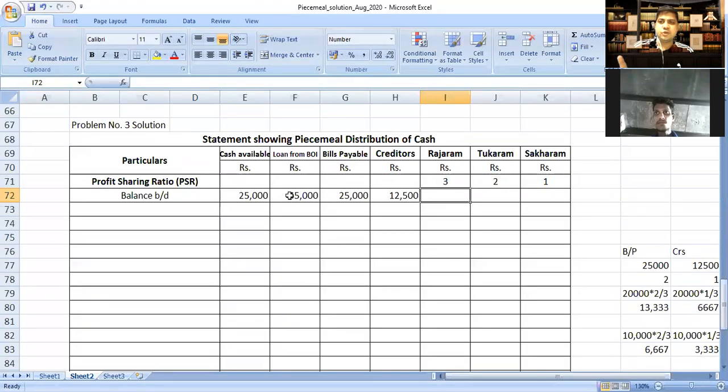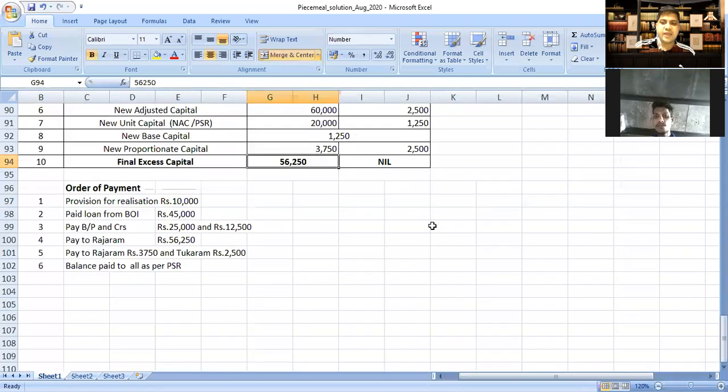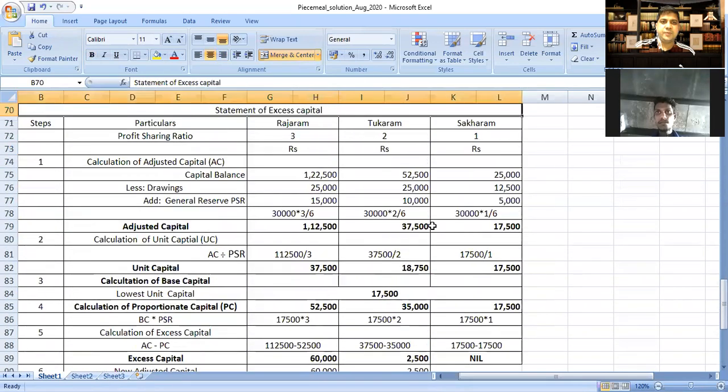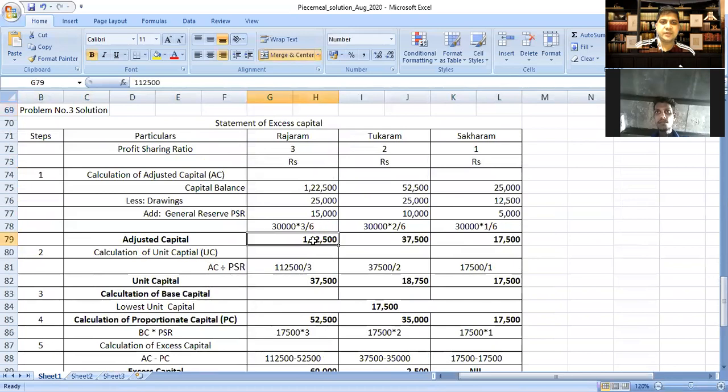Now friends, you have to keep in mind that we will not record the partners' capital. We will always record the adjusted capital. While preparing the statement of excess capital, the adjusted capital of Rajaram was 1,12,500, Tukaram 37,500 and Sakaram 17,500.